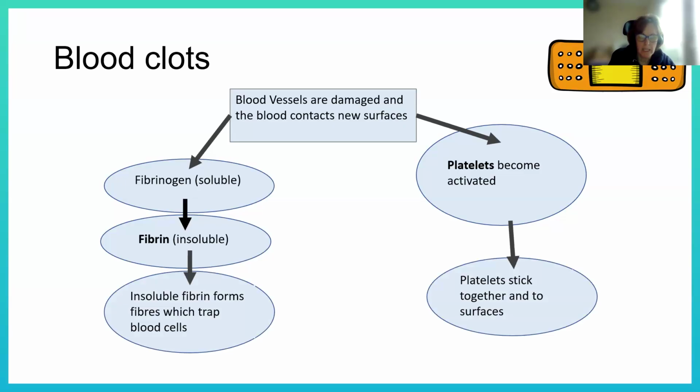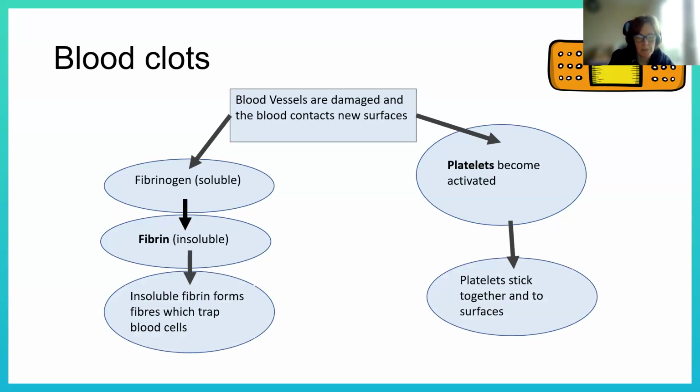What happens when the platelets are activated is they begin to stick to each other, and they stick to surfaces. So they clump, and they clump to the vessels as well. And that fibrin, which is now insoluble, makes sort of fibers. It looks like fibers, and these trap the blood cells.